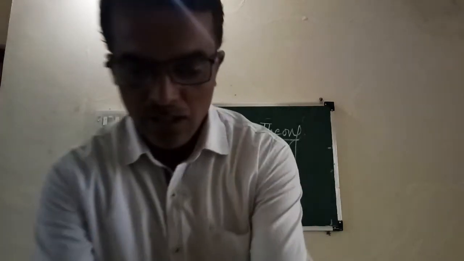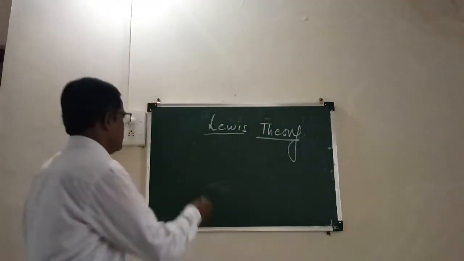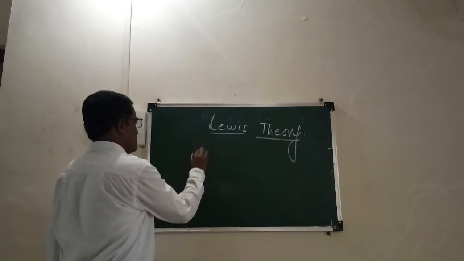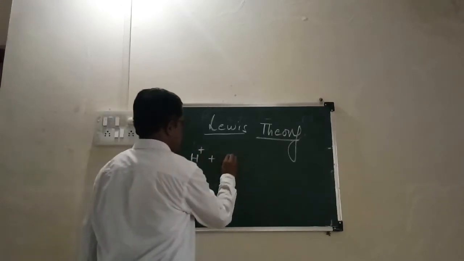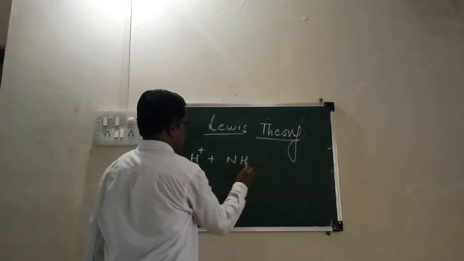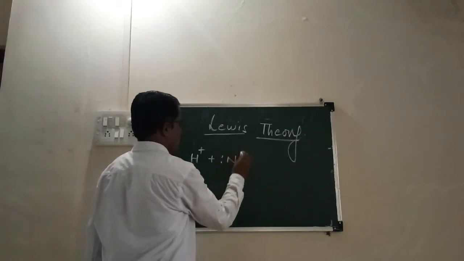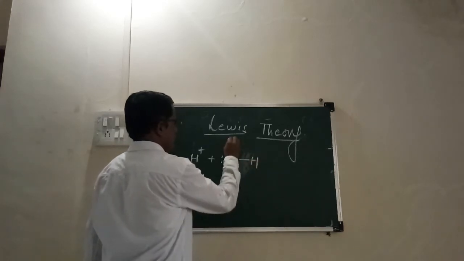Now for that purpose, suppose we take one example. Suppose this is H plus ion from acids which can react with a base, suppose NH3. There is a lone pair of electrons present on the nitrogen in ammonia.